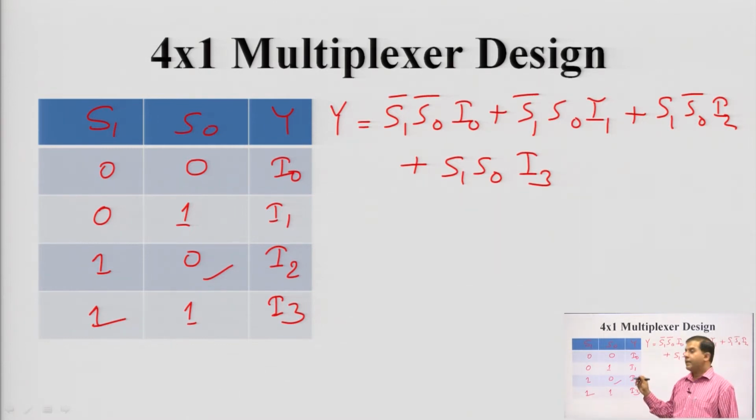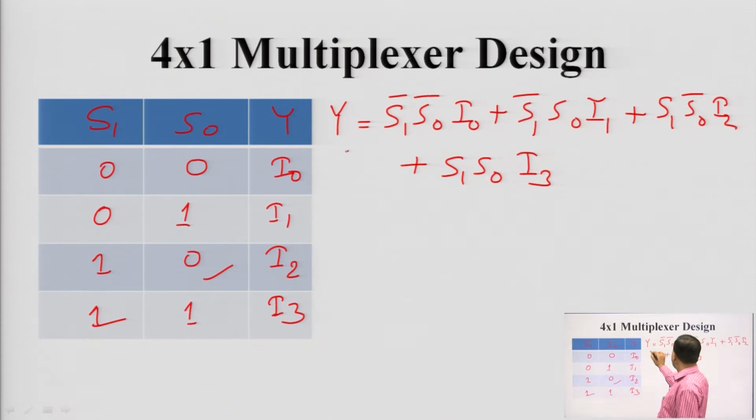You can check this: S1 bar S0 bar I0 plus S1 bar S0 I1 plus S1 S0 bar I2 and lastly S1 S0 I3. Okay. Now this will be designed into the circuit diagram.